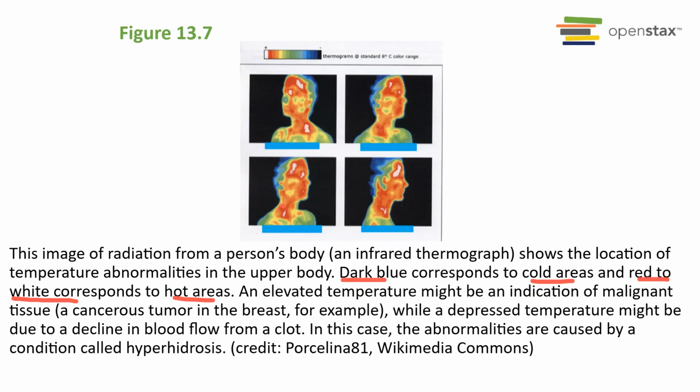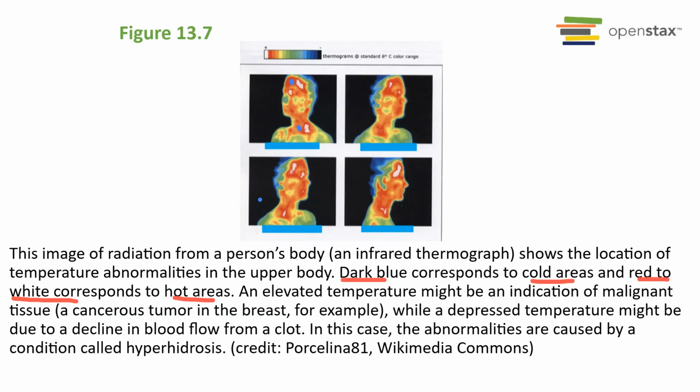Also, a depressed temperature could mean some sort of blood clot. So if right here in the middle of the forehead, if somebody had a blue dot like this, well, there's no blood flowing through that space. It might be a blood clot. Okay, that could be dangerous. Or maybe they have a blue spot right here.